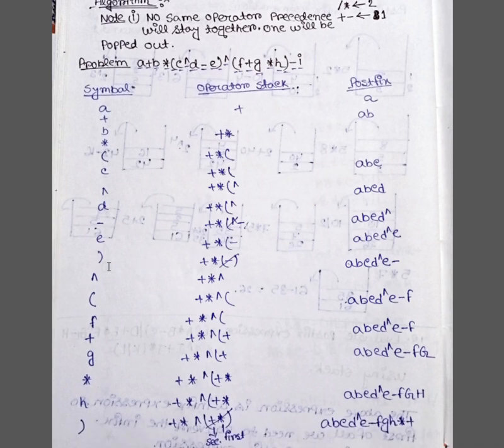And then this operator came again. This can easily stay here, because plus is the lowest priority, and then multiplication, then multiplication, and then this to the power operator.